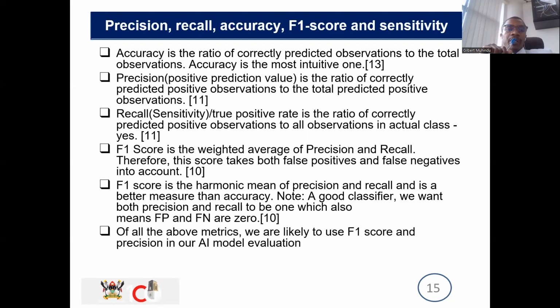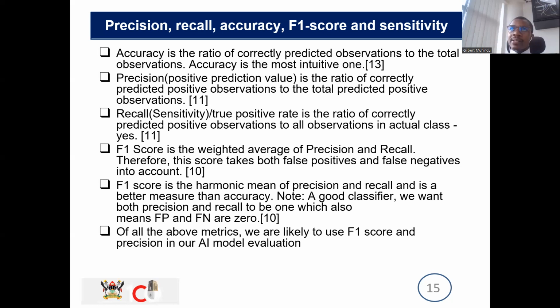Accuracy is simply the ratio of correctly predicted observations to the total observations.